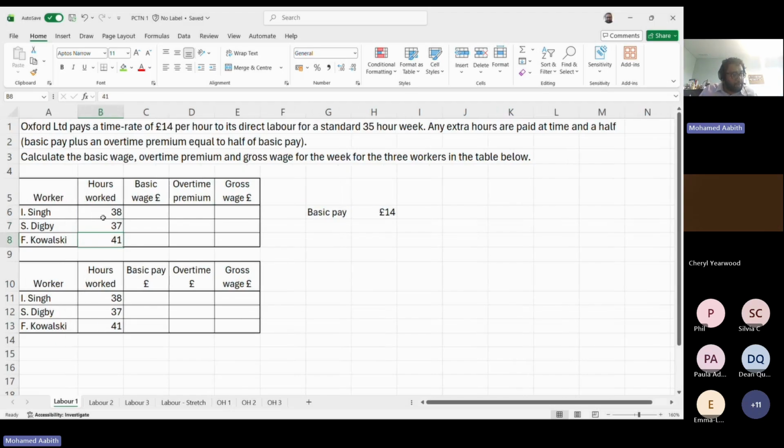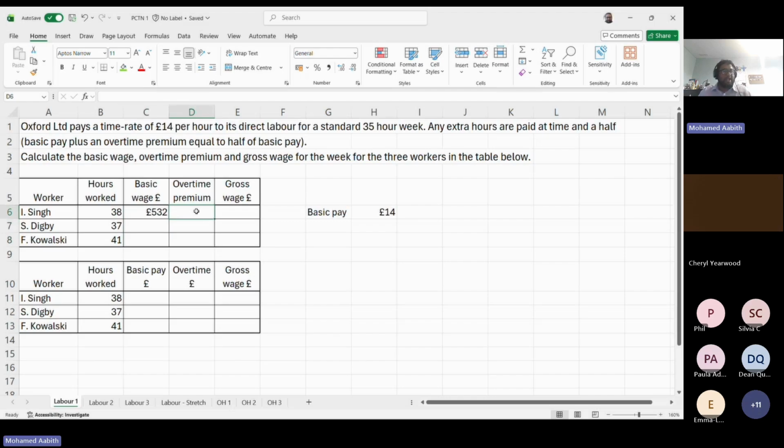When you calculate the overtime premium, please remember all the hours that person works will be charged at the basic pay. So the basic wage will be that times £14, because the whole of that amount is charged at the basic £14 an hour.